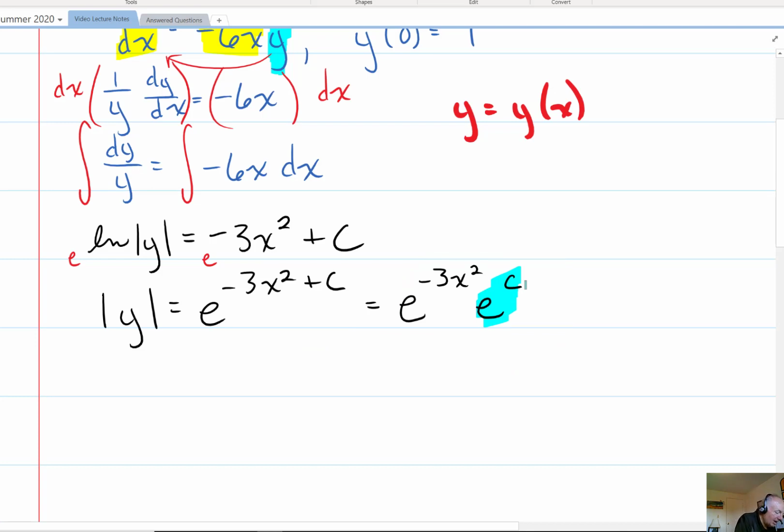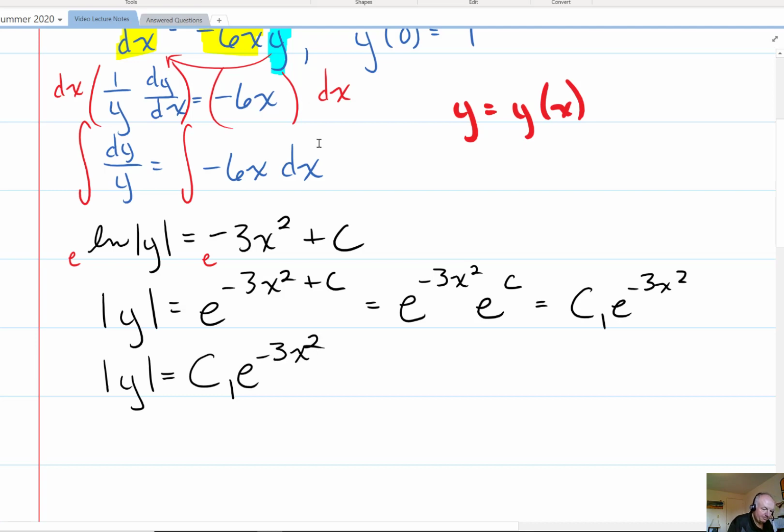So I can rewrite that term as c sub 1 e to the negative 3x squared. Notice I called it another constant, c sub 1, just so we weren't confused. So I'm left with the solution: absolute value of y equals c sub 1 e to the negative 3x squared.